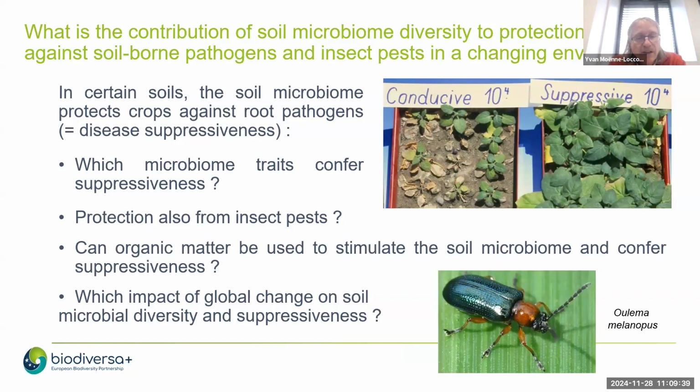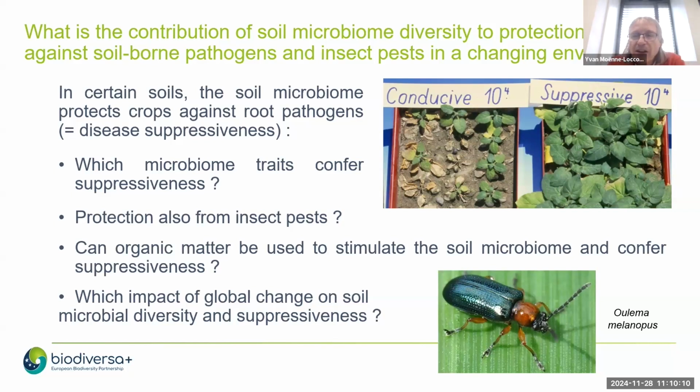And also, can this property be managed? Can, for instance, organic matter be used to stimulate the soil microbiome and confer suppressiveness or increase the level of suppressiveness? And finally, in this context of global change, what are the implications for this type of property? Is that going to impact positively or negatively microbial diversity, and especially microbial diversity involved in suppressiveness?